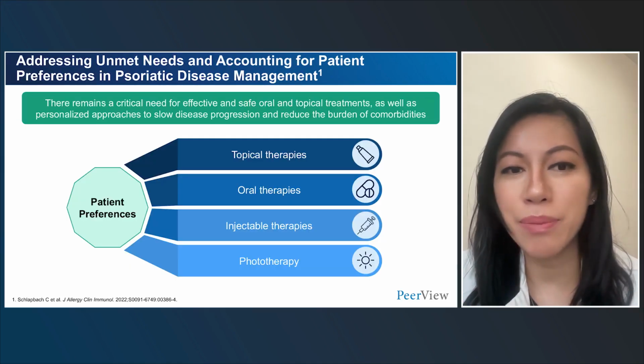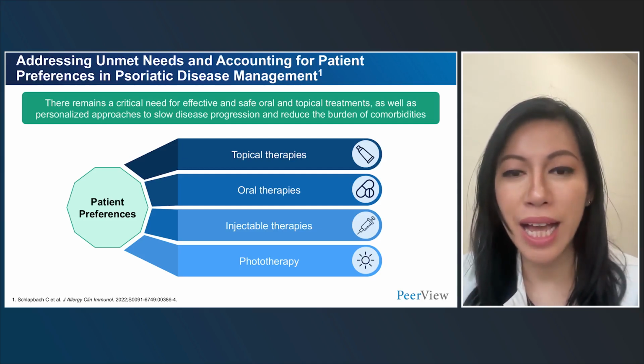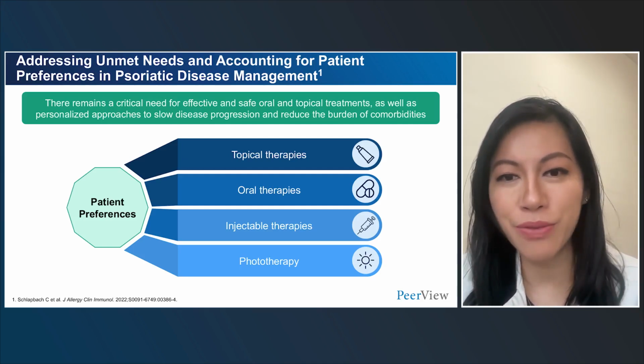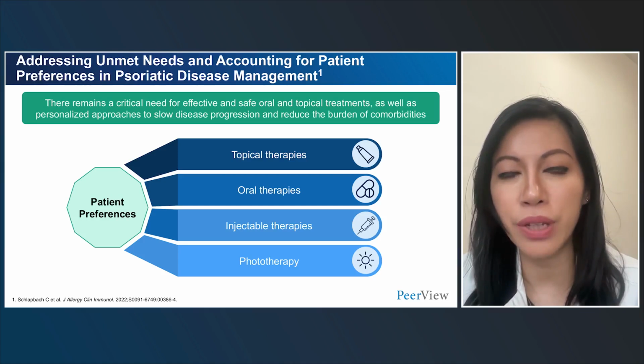Now, let's think about our therapeutic options. In this day and age, we have numerous therapies for psoriasis and especially plaque psoriasis. And they fall into these 4 categories of topical therapies, oral therapies, injectable therapies, or biologic therapies and phototherapies.